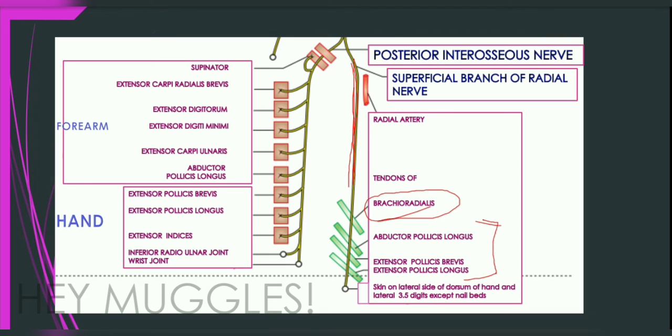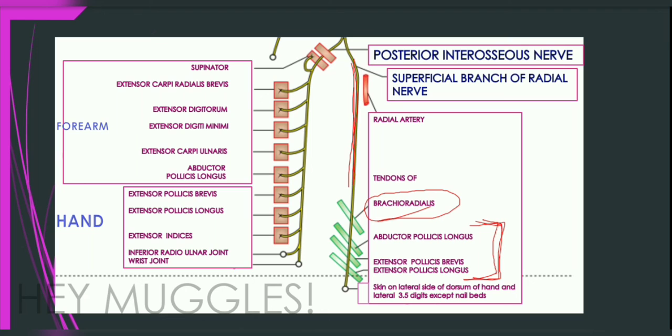Now you have to tell me in the comment section where these tendons are and what is the speciality of these tendons. Okay, let me tell you. These tendons are the tendons of your anatomical snuff box, right? You remember the mnemonic, brevis between two longus?